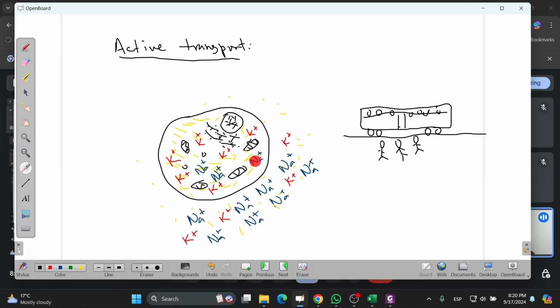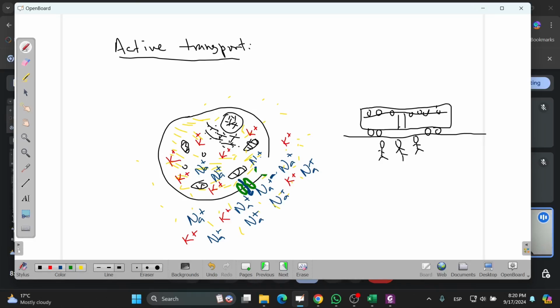These sodium ions are fewer, lower concentration inside the cell, a higher concentration outside the cell. And if the cell needs to take some of them out, that will require energy from the cell because that requires a push. That will require a protein here, a protein on the membrane that will open a channel for the sodium ions to move out.